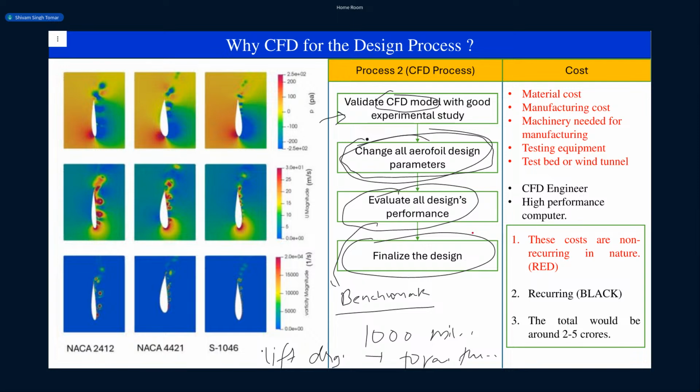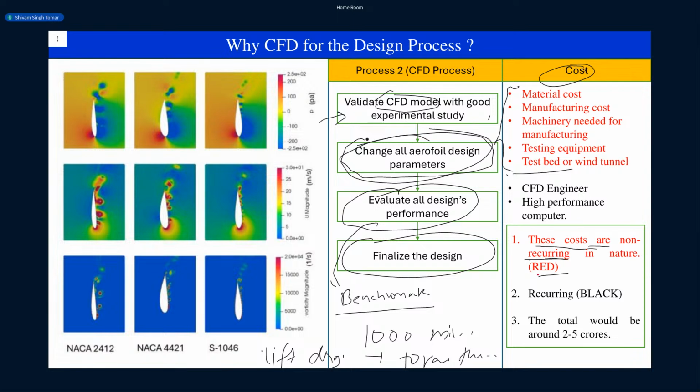Now if we see the cost here, which is an important aspect, CFD was initially made to cut out the cost. The material cost, manufacturing cost, all those things are here because we are doing only one experiment. These costs earlier were recurring and now they are non-recurring in nature.